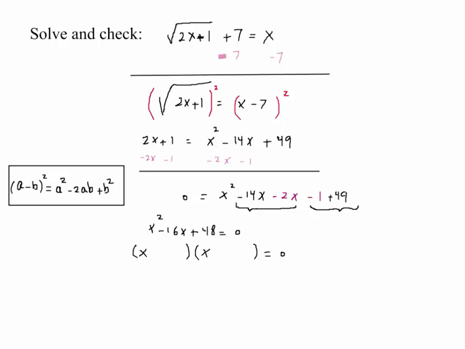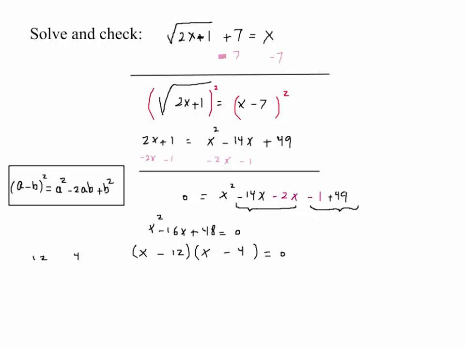x is easy, so we put x and x here. You're looking for two numbers. When we multiply them together, we get 48, and when we add them up, we get minus 16. So, anyone with the mic? Negative 12, negative 4. So Eric says 12 and 4. 12 times 4 would be equal to 48, and I can make negative out of that if both of them are negative.